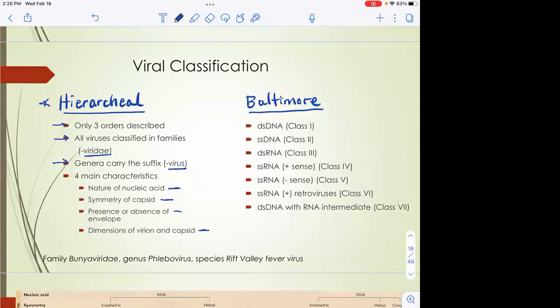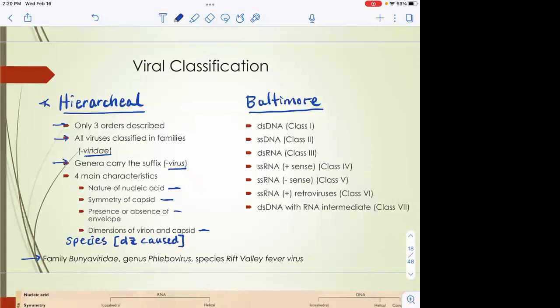Here's another example, and here I've included the species. So a particular virus is in the family Bunyaviridae, the genus Lebovirus, and then the species, I'll write this in, I didn't add this here. The species is just the name of the disease that is caused.